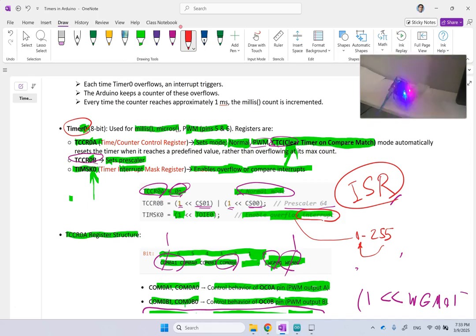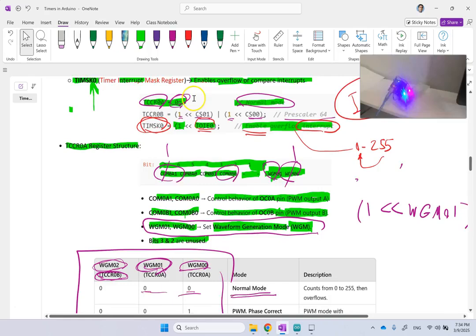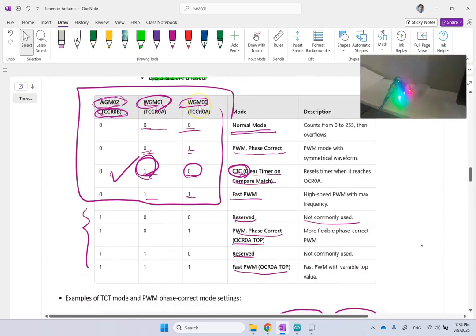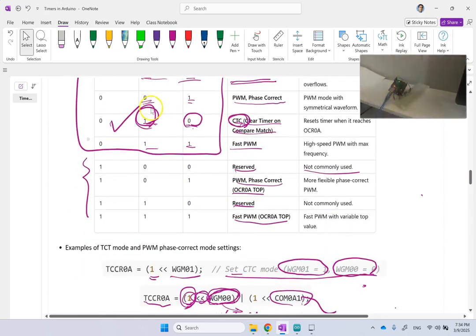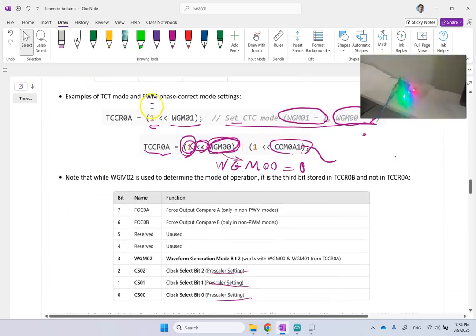Okay, so here we are enabling overflow interrupt for timer number 0 by setting the bit TOIE0 to 1. So first of all, what's the structure of this TIMSK0? Let's look at that. And we are going to come back and look at the rest of it.